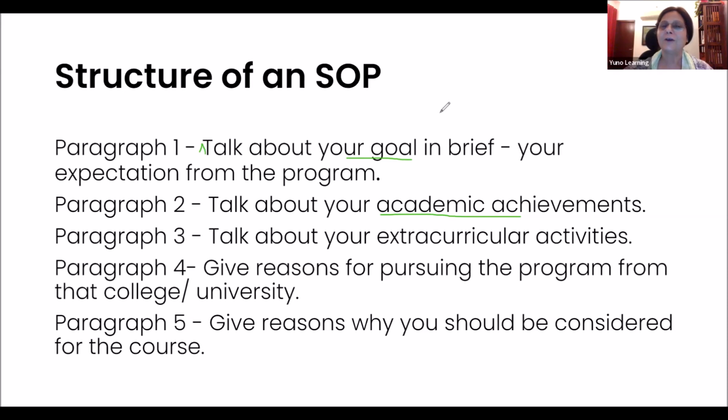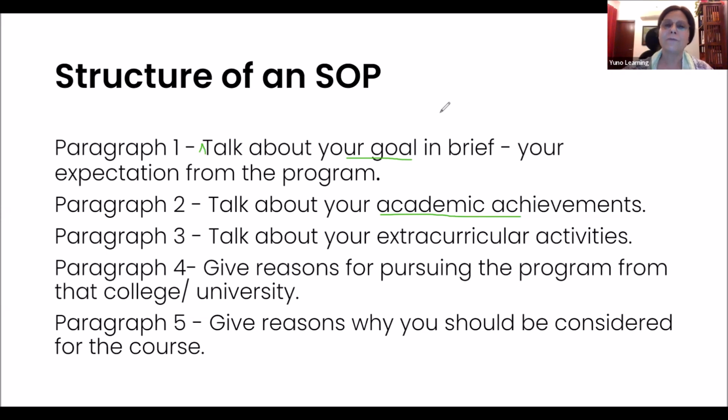Ensure that your sentences are grammatically correct. Simple language will do, but it has to be grammatically correct. One or two mistakes here and there you may make, fine. It's understood. We all are not native speakers of English.